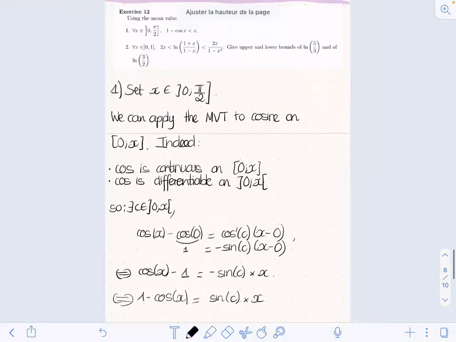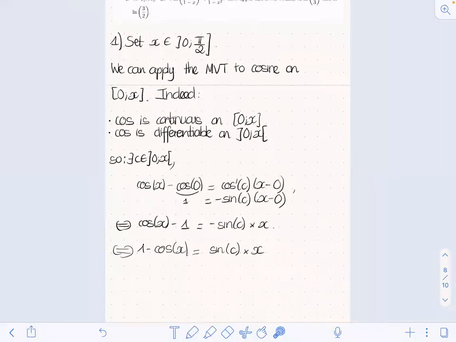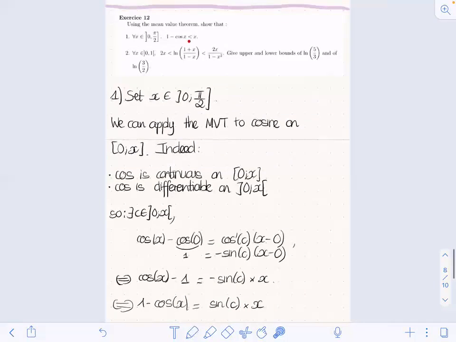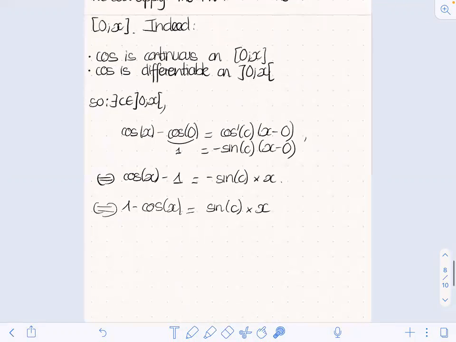So we're almost there in the sense that we want 1 minus cosine of x smaller than x, and we've got 1 minus cosine of x equal to sine of C times x. So hopefully we'd like to be able to say something about sine of C that would help us get this inequality. But what we have is C belonging to 0x, with x belonging to, I think, 0 pi over 2.